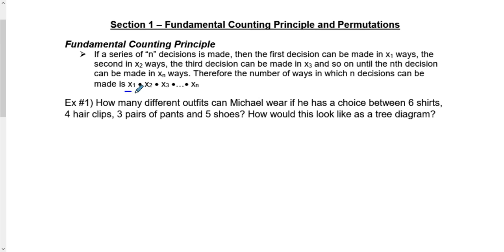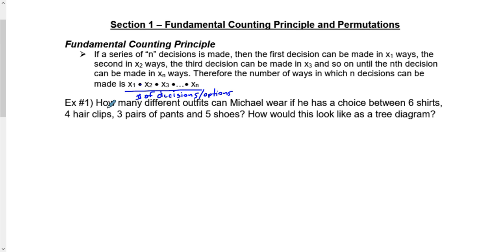Basically, however many options you have for each decision, all you're going to do is multiply them.